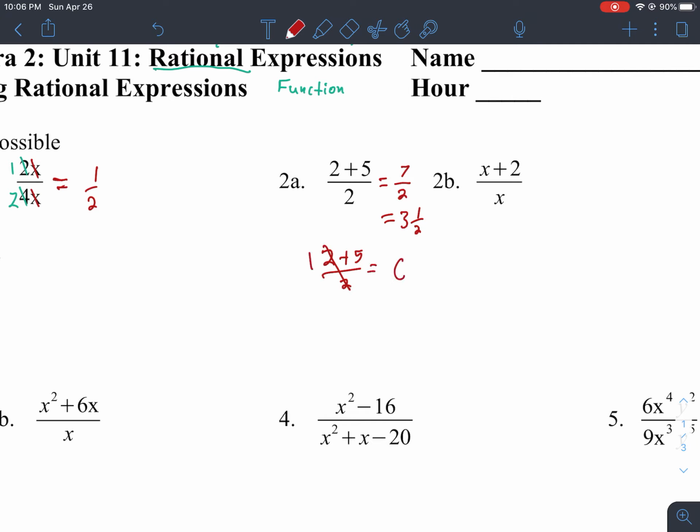And 1 plus 5 is 6. Holy cow, something's wrong. These are different, which is bad. So 2 over 2 is 1, but evidently not always. In this problem, you can't reduce.